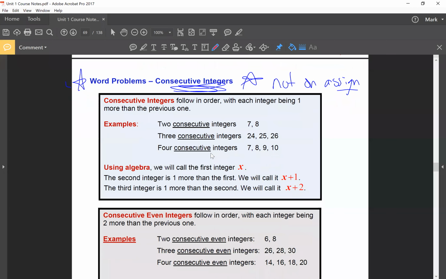All right, so word problems, consecutive integers. What does this mean? What is a consecutive integer? What does consecutive mean? If somebody said your favorite sports team, maybe you watched Premier League or American baseball, and Manchester United or Liverpool won 3 consecutive games, what does that mean?